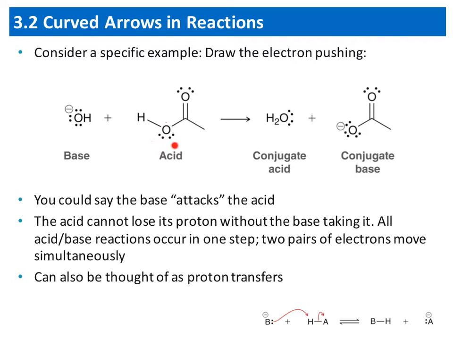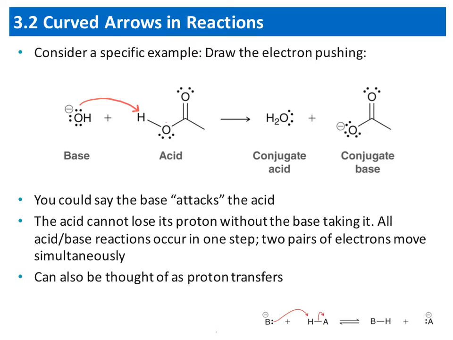We have an acid here, so we know that the acid donates the proton. So this is the proton that we have, and the base accepts the proton. So we know we have our base. Therefore, to show the movement of electrons, electrons are moving from the base to the proton in the acid.